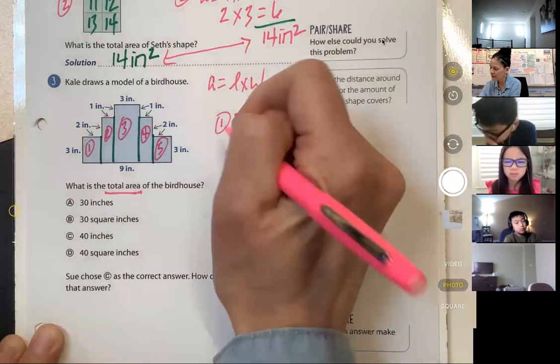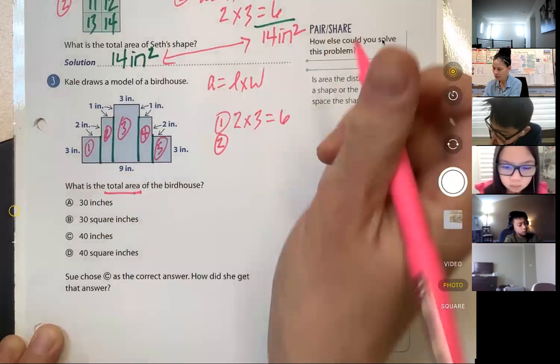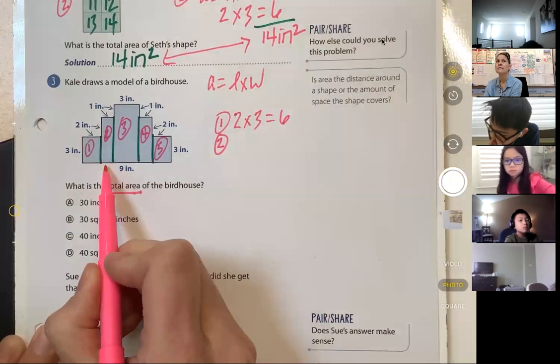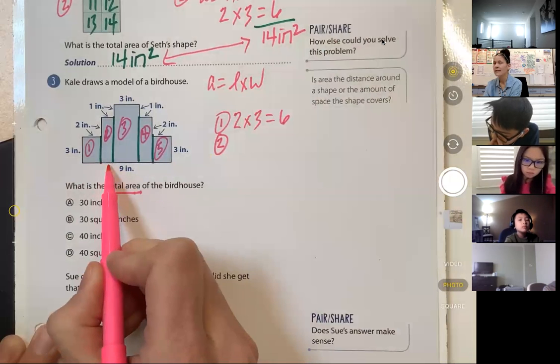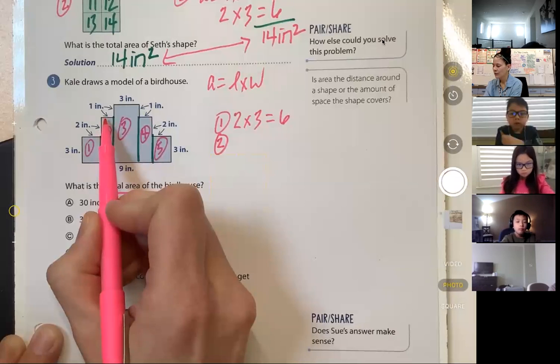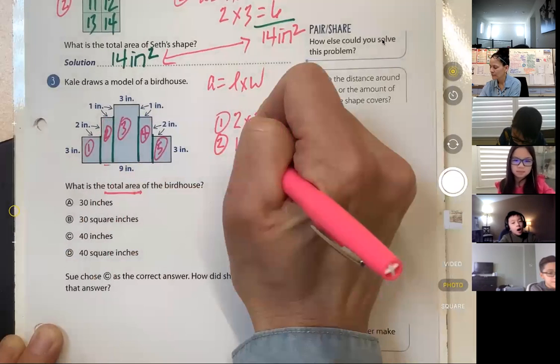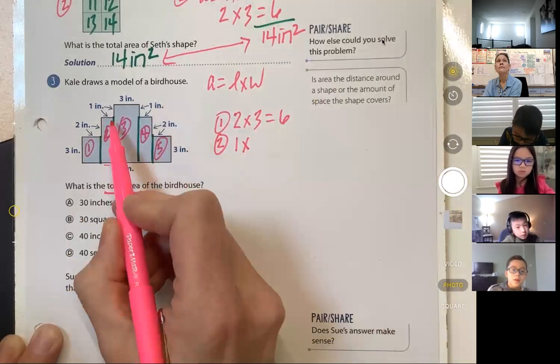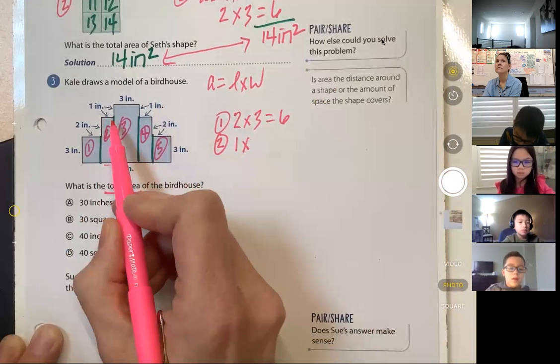Let's take a look at number 2 now. Number 2, I can see, has a length of 1. How do I know that? Because it tells me. I have a length of 1, and I have a width of 5. How do I know?